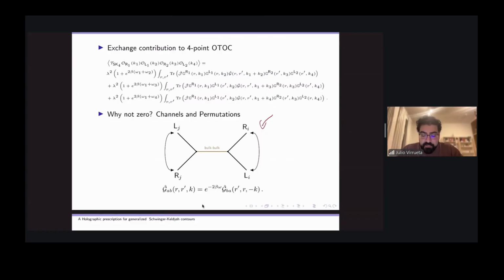In this case, you actually get a different answer. And this is, in terms of math, what makes this correlator not vanish. In the case of contact diagrams, this is exactly absent because you don't have any exchange diagram, and that's why contact diagrams do not contribute to the out-of-time order correlator.